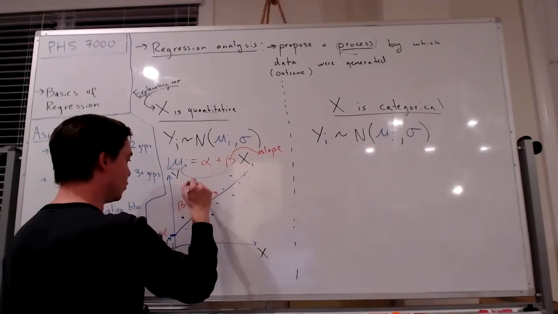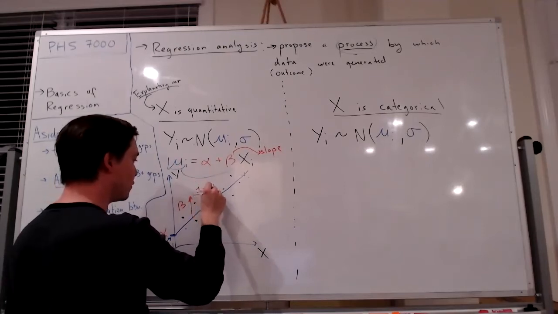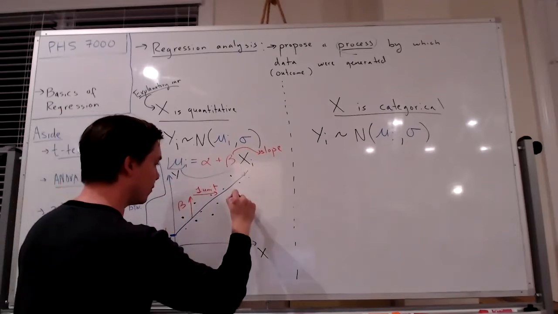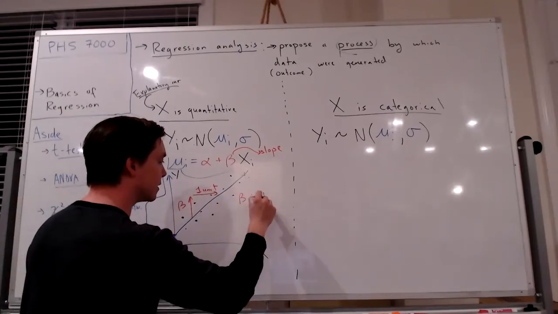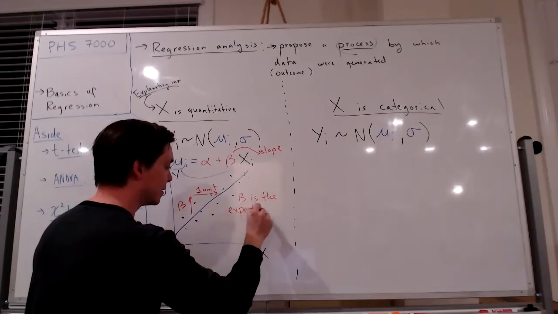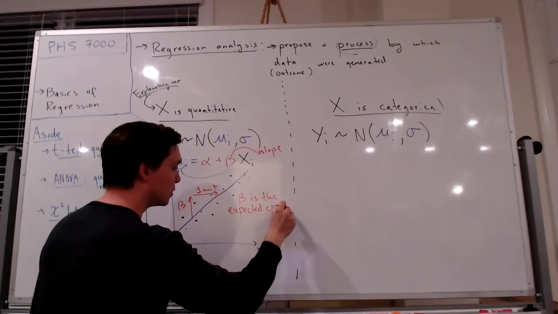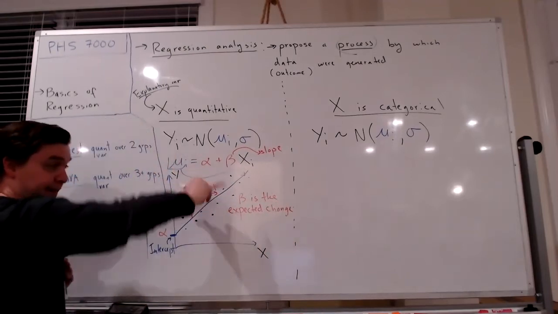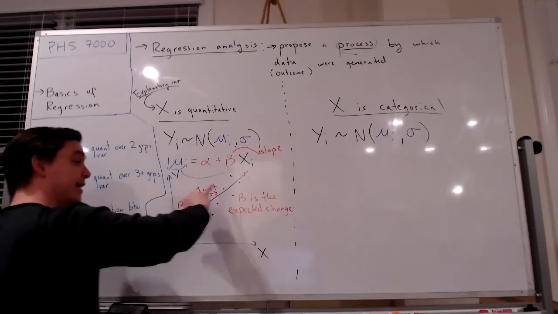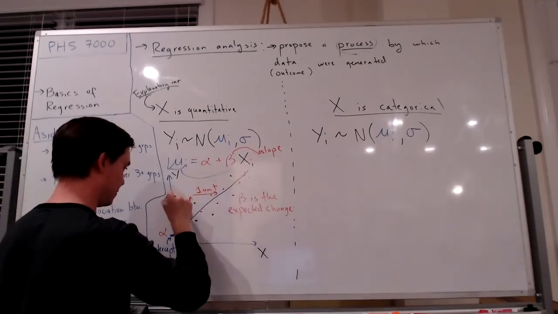So this is 1 unit over beta units up. So beta is the expected change. Our line can be pointing down as well, right? So that's why I'm saying this as expected change. Right now, my beta is greater than 0.